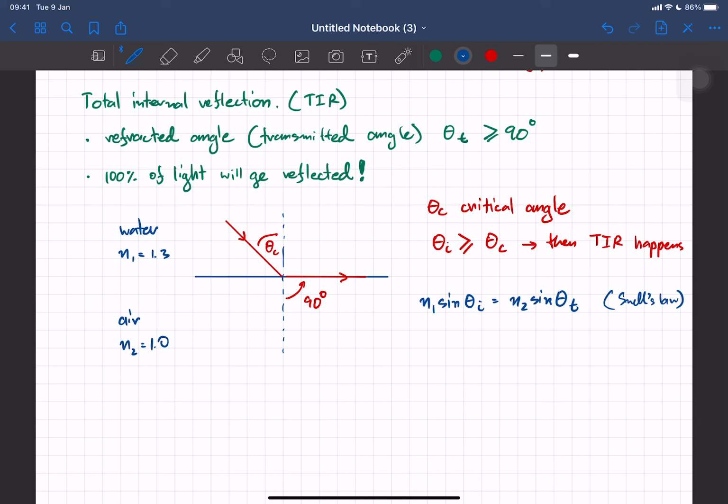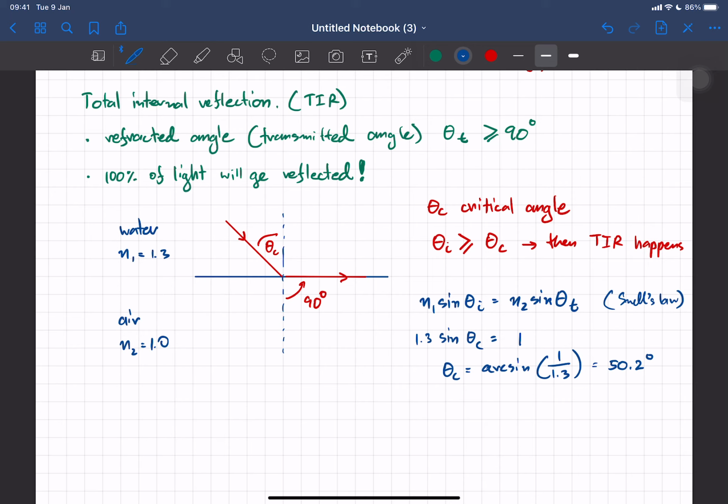So we can put in n1 equal to 1.3, and then theta i, the incident angle, we set it to the critical angle, and that's when theta t is 90 degrees. So sine of 90 degrees is 1, n2 is 1, so we just have 1 on the right hand side. So theta c is then arc sine of 1 over 1.3, which gives you about 50.2 degrees.